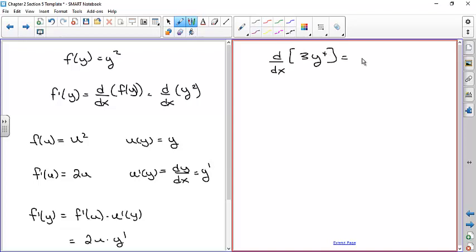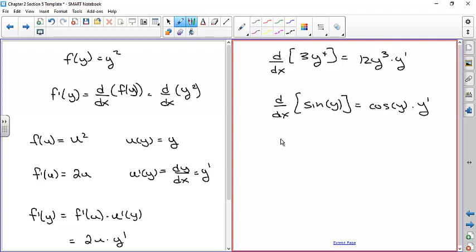That's going to be equal to 12y cubed times y prime. If I want to take the derivative with respect to x of the sine of y, that's equal to the cosine of y times y prime.